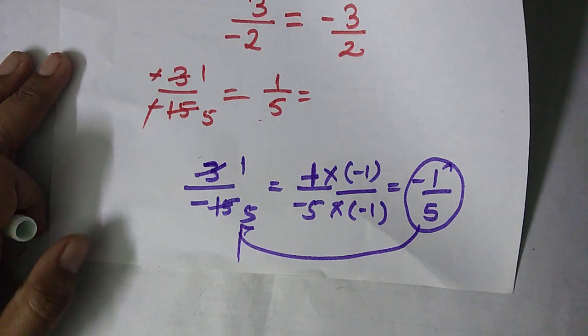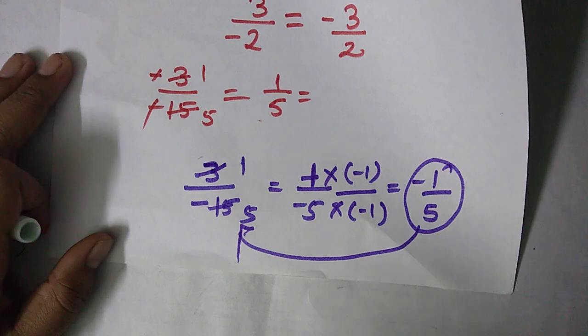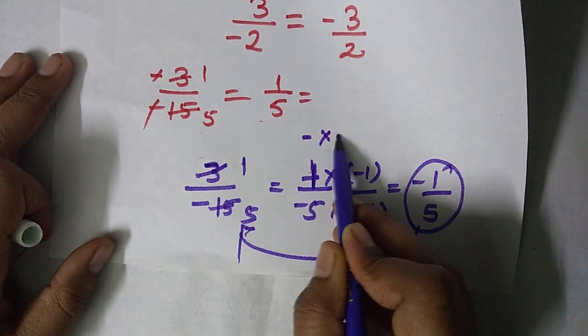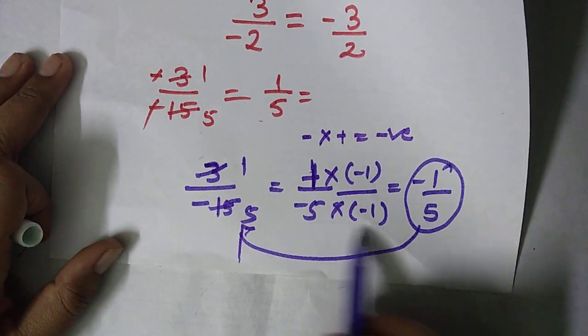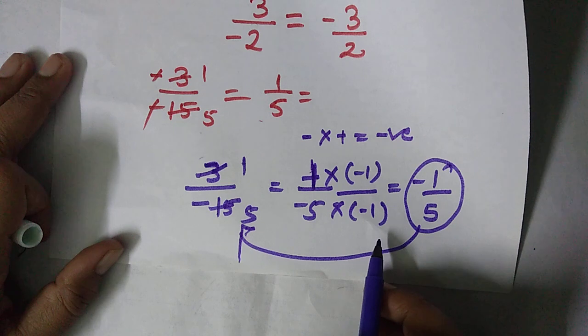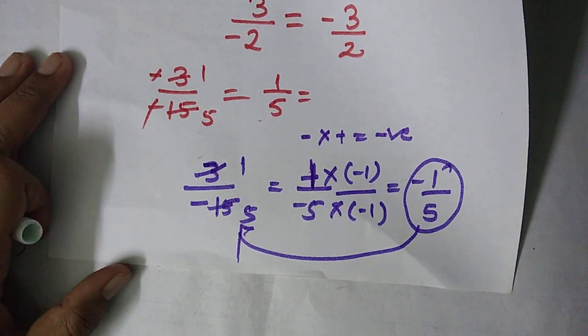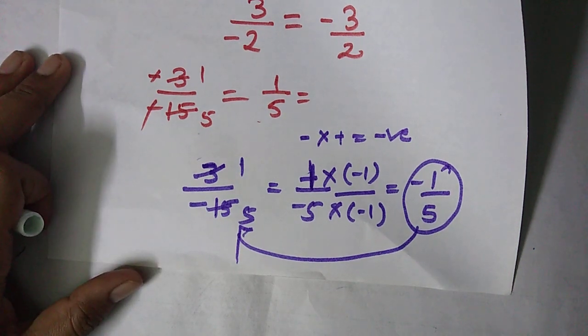Whenever you multiply one negative and one positive number, the result is always negative, and whenever you multiply two negative numbers, you get a positive number. So this is the standard form of a rational number.